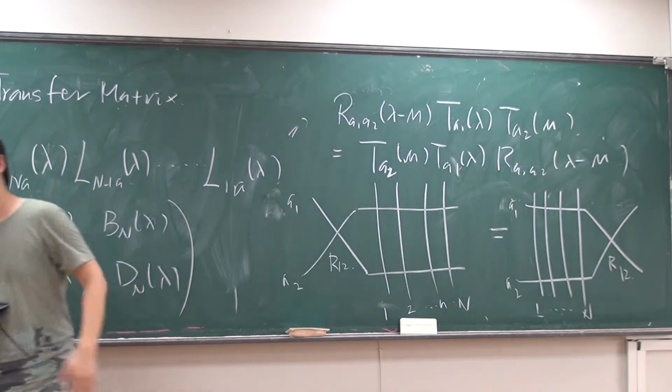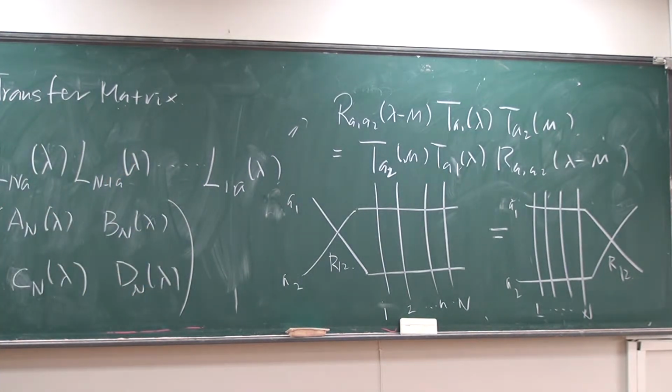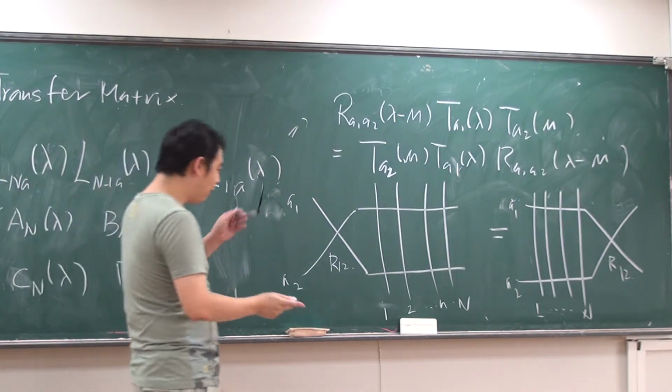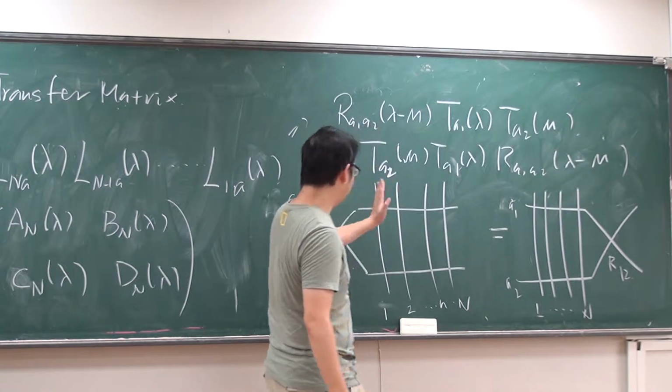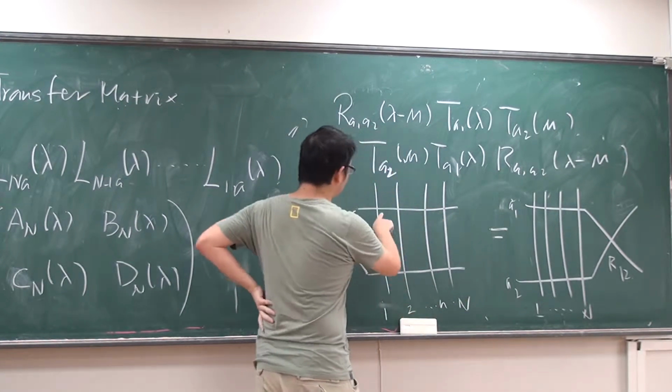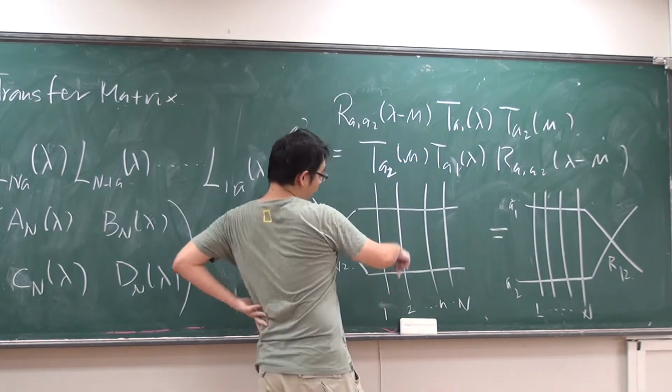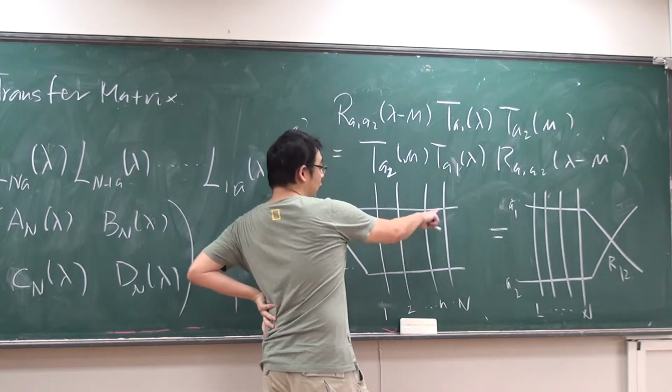Great. So you actually know what's going on. Indeed, again, we are looking at the scattering, all the physical scattering processes between the individual lattice sites and the auxiliary space.